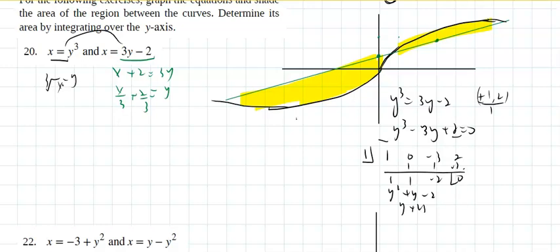So that's y plus 2 times y minus 1 times y minus 1. So we get y to be 1 and negative 2. Let me check what that means in a minute.